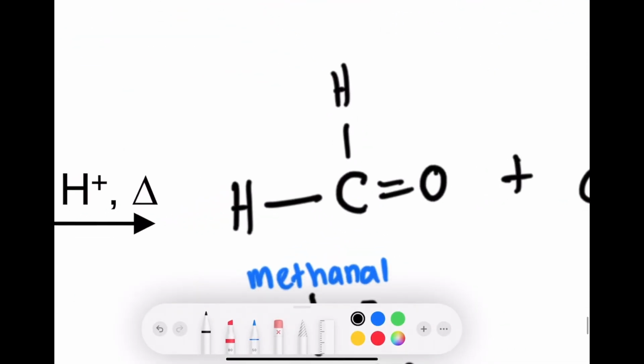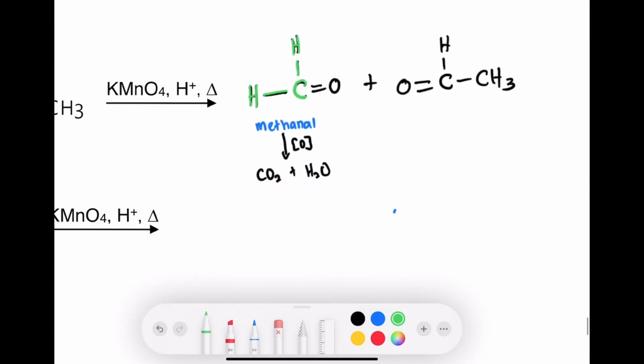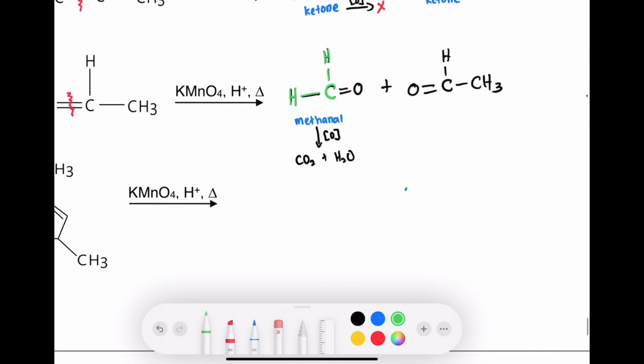So how can it happen? Look at this carbon. This carbon is attached to two hydrogens. So what will happen to these two hydrogens? If I can draw it, where can I draw it? Maybe I can draw it here.